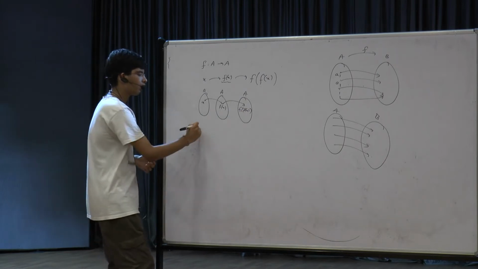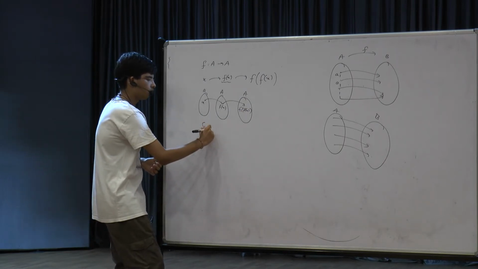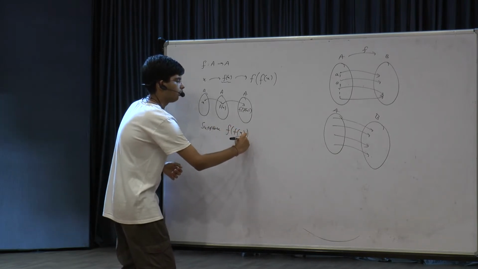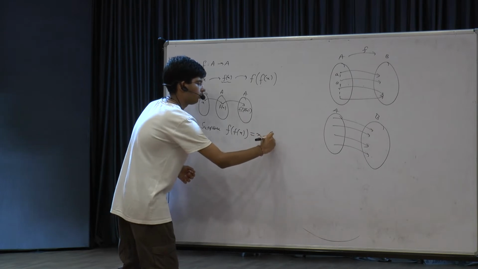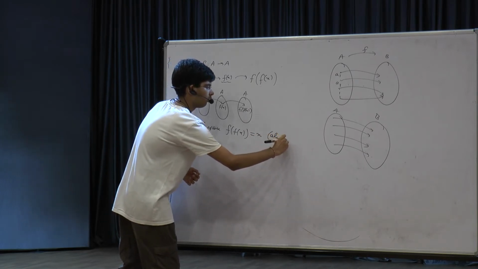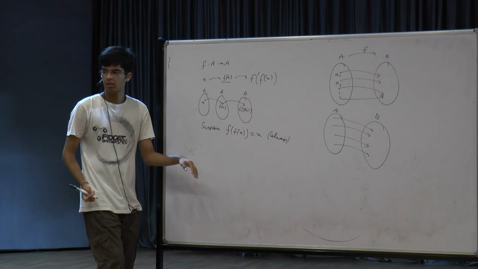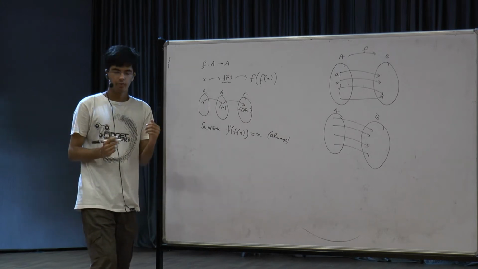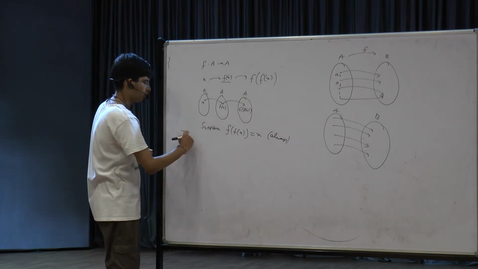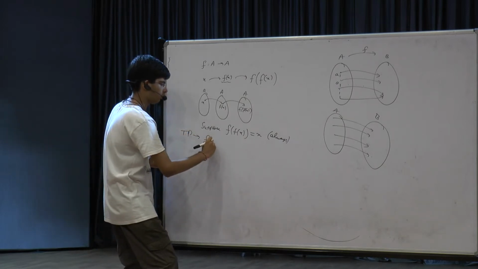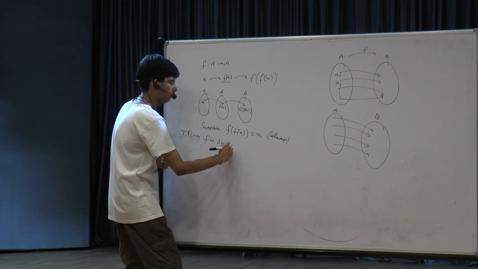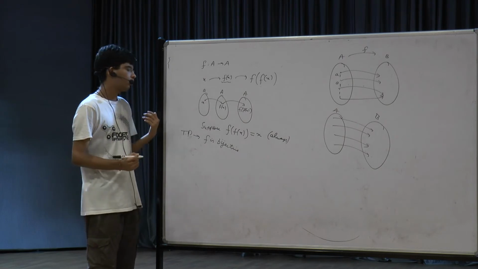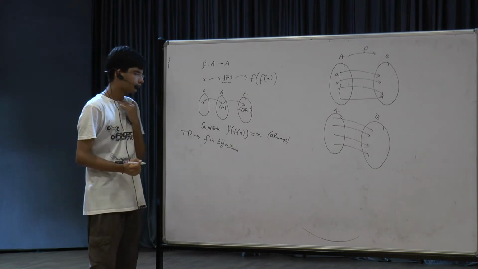So the exercise asks: suppose f of f of x is equal to x. Suppose this happens for every x. The exercise asks us to prove that f is bijective. The proof is as follows.